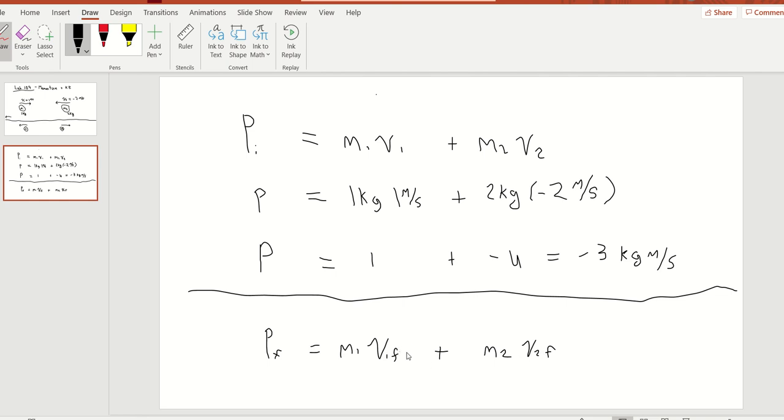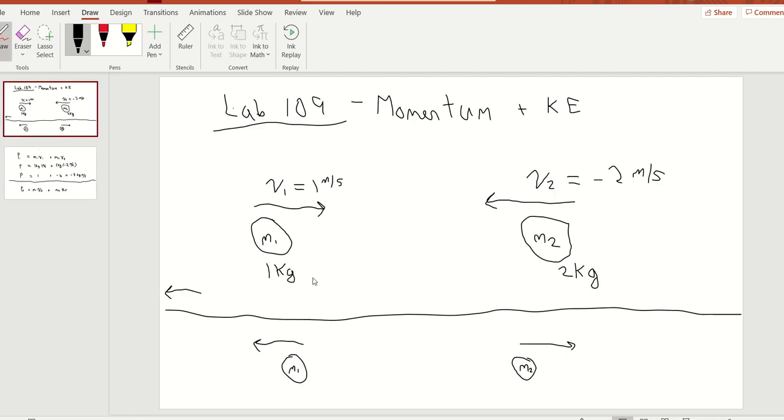So remember, after the collision, that's down here, M1 is going in the opposite direction it was going before. Initially, M1 was going to the right, this way. But after it hits M2, it's going to go backwards. And then for the other one, M2, it also is going to have a different velocity because it's going to hit the object and it might bounce off.